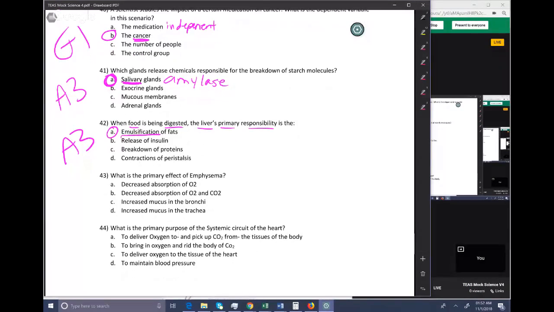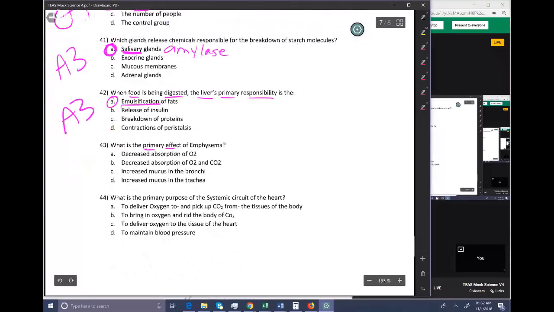What is the primary effect of emphysema? This is from Anatomy 4. The best choice here is B because it's decreased absorption of O2 and CO2. Emphysema affects the alveoli. Alveoli do gas exchange.